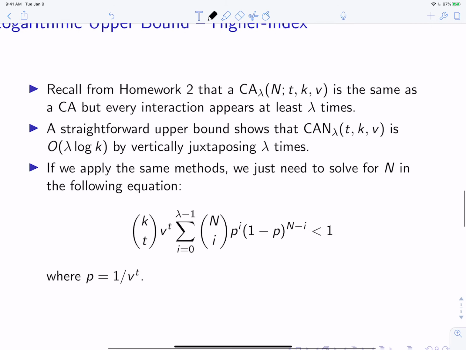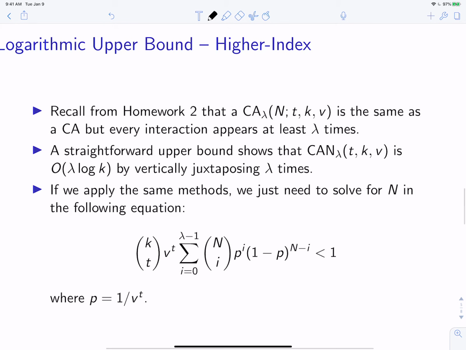So I reintroduced the notation here. You may think, okay, for a covering array, every interaction appears at least once. But you may want, for purposes of redundancy, a covering array where every interaction appears at least a certain number of times, say 5 times. Then you may want to figure out, if I want to incorporate redundancy, how many rows do I need?